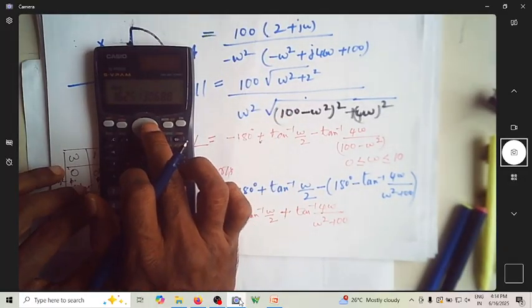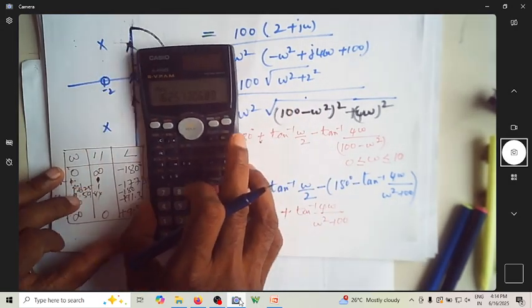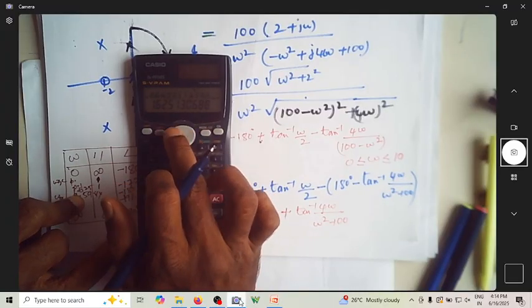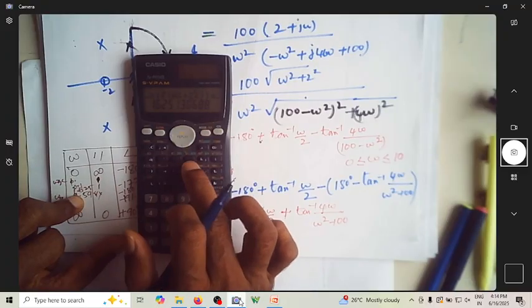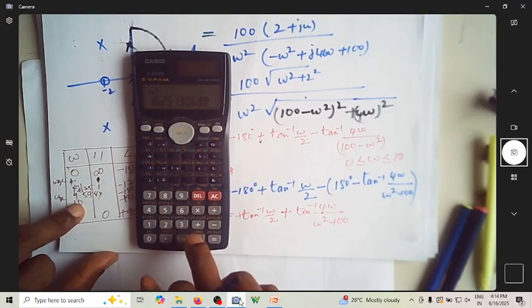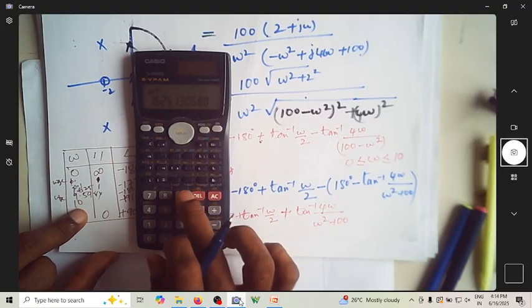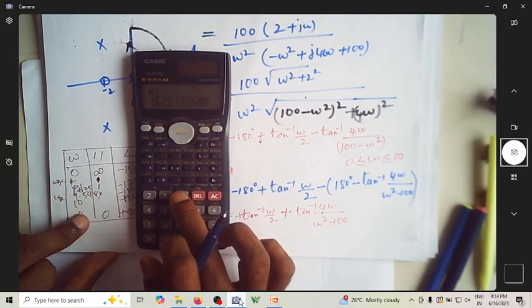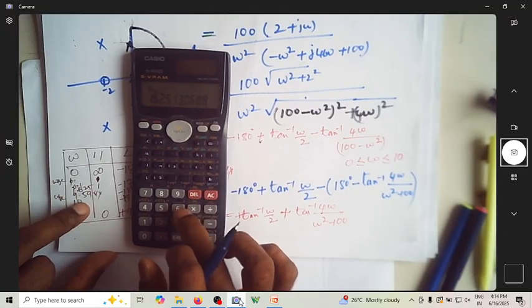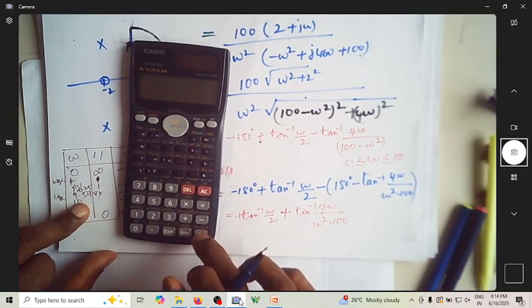And then what I have to do, this is omega gc. I have to divide this and calculate at 9.59.